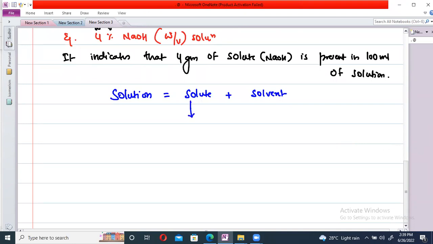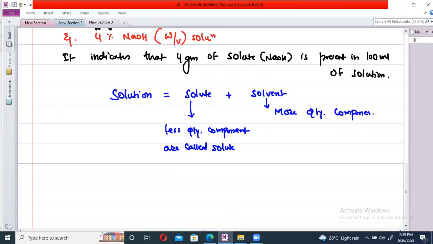So I will explain it better. Solute means the less quantity component. Solvent means the more quantity component. More quantity components are called solvent.